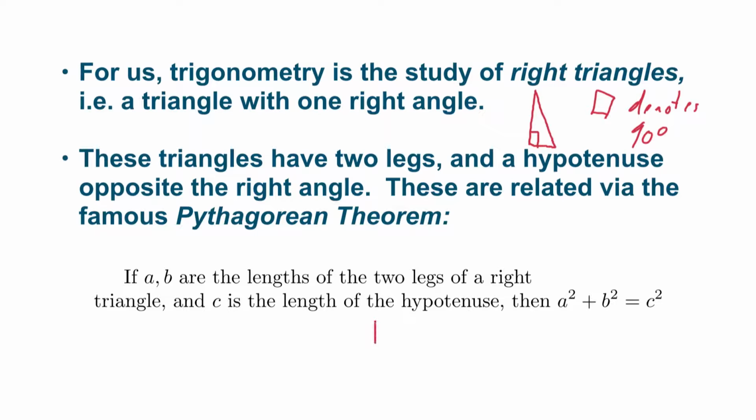It says that if I have a right triangle, so here, and then the two sides have lengths A and B, and the hypotenuse has length C, then A, B, and C are related as A squared plus B squared equals C squared. So why is this remarkable? Well, it gives us a very simple way to compute one of the side lengths knowing the other two.